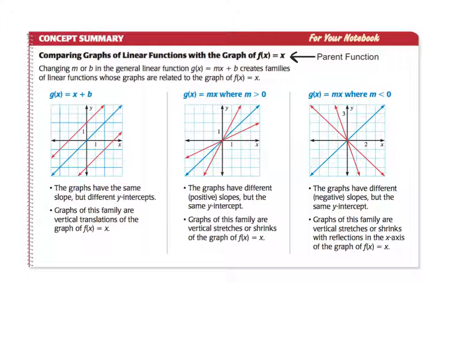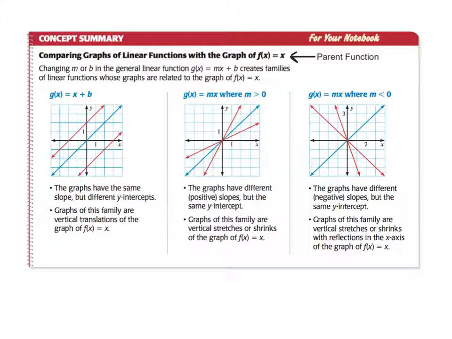If your equation is g of x equals m times x, where m is less than 0, so like negative numbers, now our graphs are going to go downhill. And just like before, if that number is a big number like -3, then it's going to be steeper. If it is a number between 0 and 1, it's going to be less steep and not be so straight up and down.